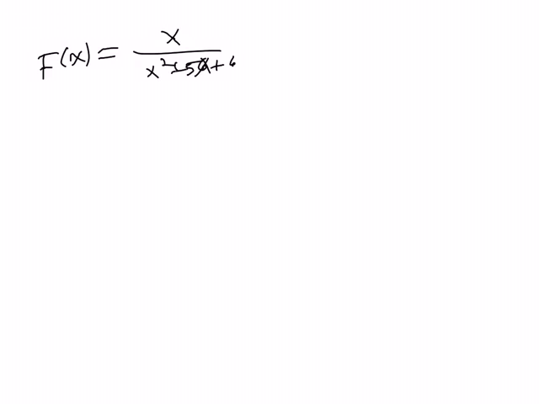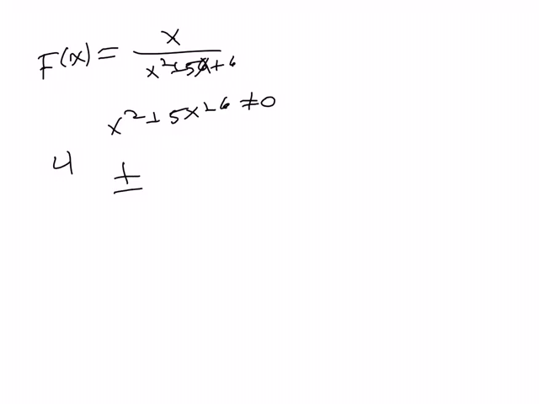So let's first assume that x squared plus 5x plus 6 does not equal 0. When we assume that, by theorem 4, part 5 states that if you have two functions, f and g, that are continuous at some point a, then f over g is also continuous at a.